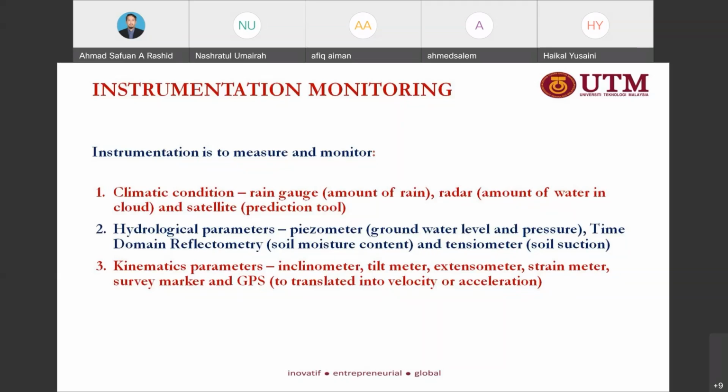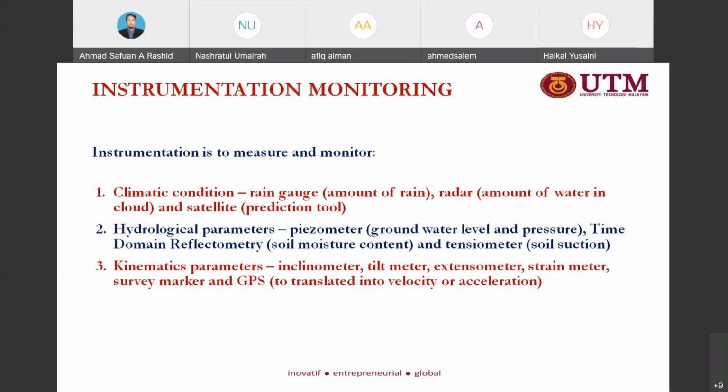Then we have an extensometer, where we want to determine the vertical movement. Strain meter, to determine any strain happening. Then we may convert to stress, after we know the material or the behavior of the material.